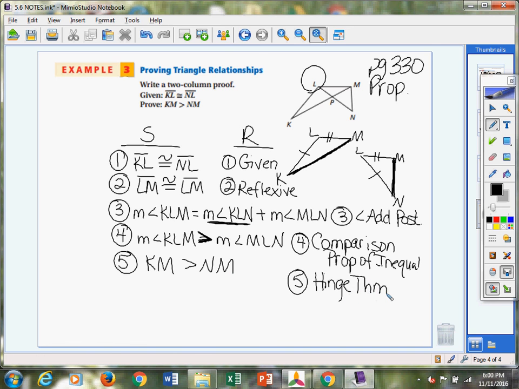You can't use the Hinge theorem until you have two sets of congruent sides and you know one angle is bigger than another angle. That is, the included angles, not just any angle, but the included angle of those two sides that were congruent. Once you know that, you can use the Hinge theorem to prove that one side's bigger than another. Okay?